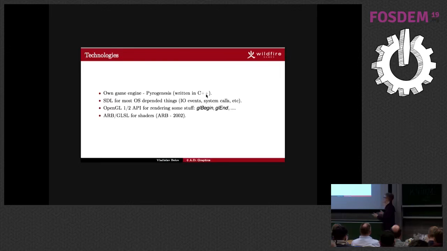I think you know that it's not really good in 2019. We still use ARB shaders, so it's pretty much assembly shaders. And we use GLSL, but still with a really low version, 1.2 mostly. So not even 1.4. By the way, assembly shaders are pretty much the same age as our game.